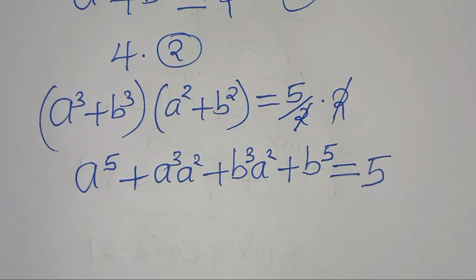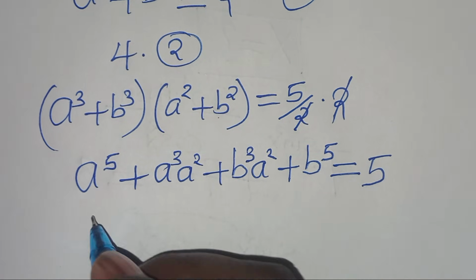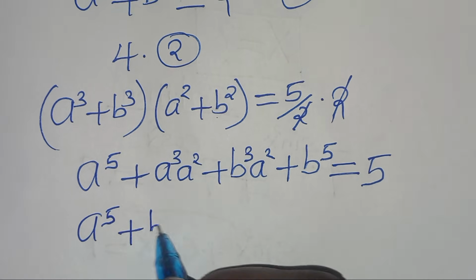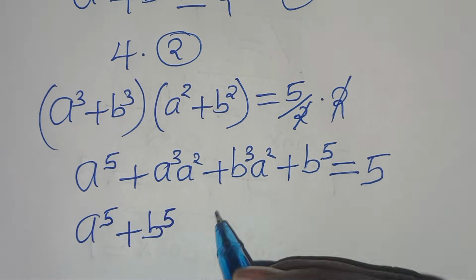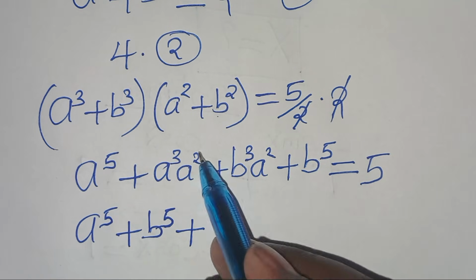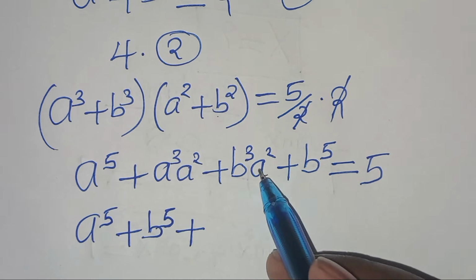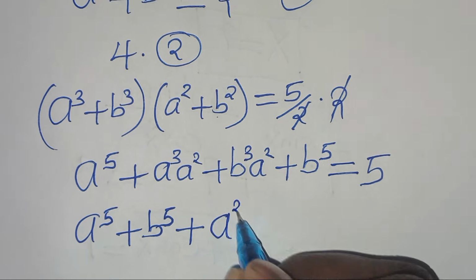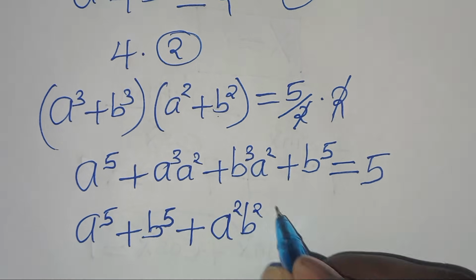Now, the next step from here, this is a⁵ + b⁵, then plus a³b² + b³a². Here we can factor out a²b² into the parentheses.